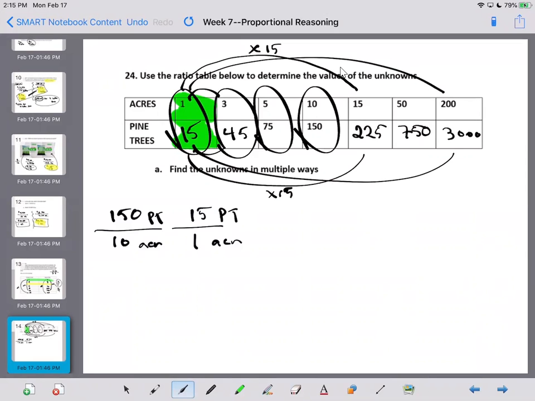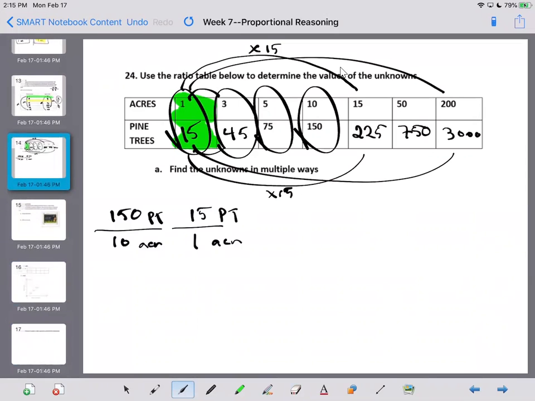So all of these are proportional, and they're all increasing by the same amount. Notice we multiplied by the same amount each time. But the start of it is that we went back and found what the unit rate was, which was 15 pine trees to 1 acre.